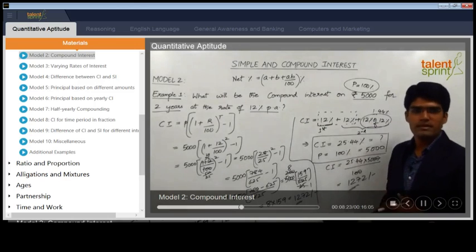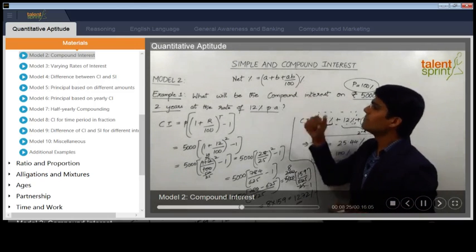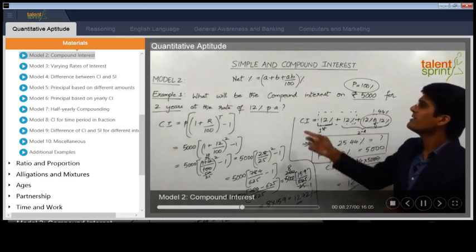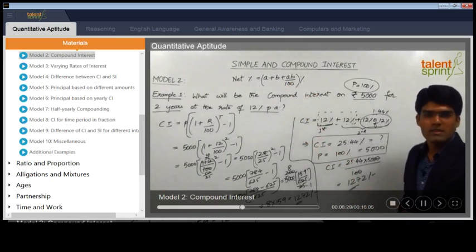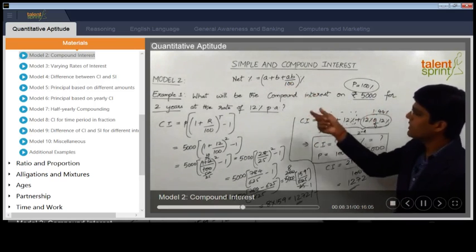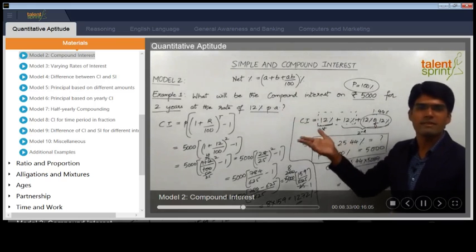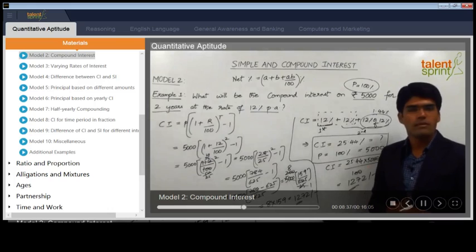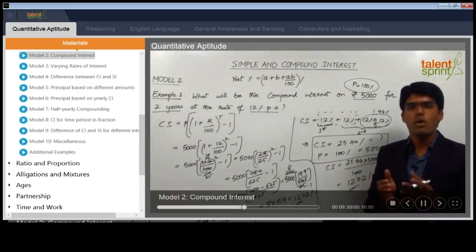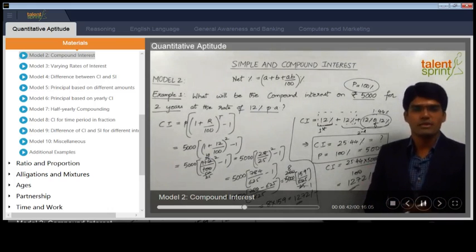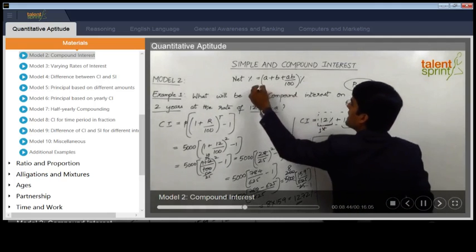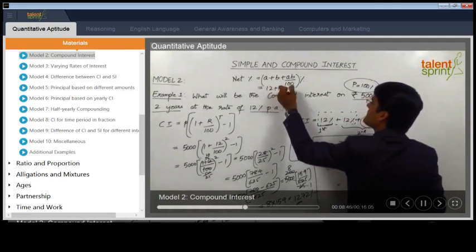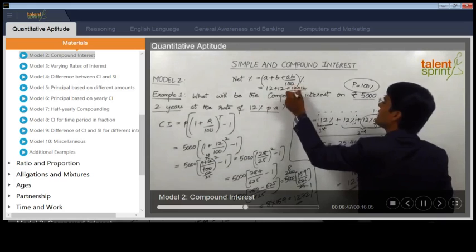So compound interest can always be taken as A plus B plus AB by 100. The only point is A and B are equal in case of CI. First year we have 12%, second year also the rate of interest remains same, that is 12%. So by substituting the values in the formula of net or effective percentage, we can find out what is going to be the CI for 2 years. If we substitute here, we get 12 plus 12 plus 12 into 12 by 100.